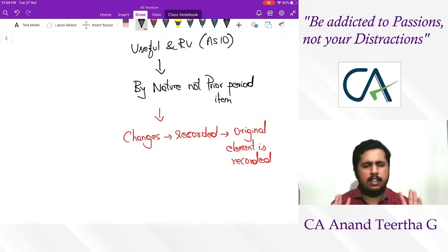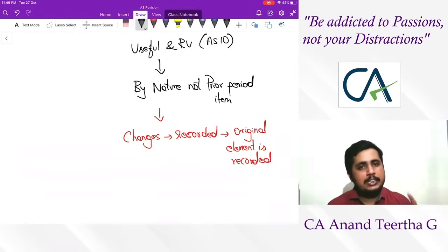The furniture got destroyed by fire. It's an extraordinary item, so scrap value is estimated. Scrap value keeps on changing. You make changes to the extraordinary item itself. So where the original element is shown, the change in estimate is given over there only.